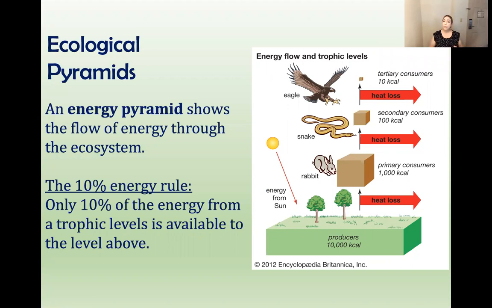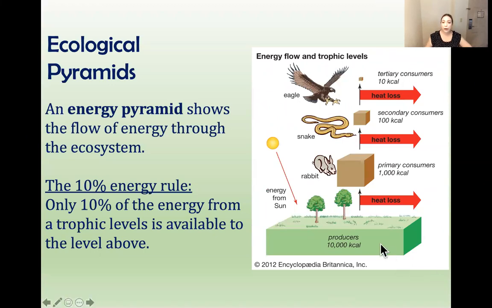Now, when I talk about energy flow, right, you eat food, and that is turned into energy in your body, okay? Now, as we go from trophic level to trophic level, meaning producers to primary consumers, secondary and tertiary, energy flows up the trophic levels, okay?